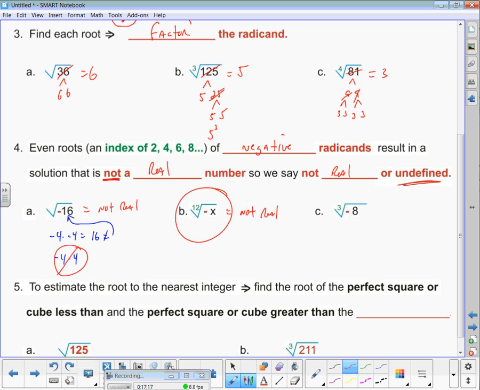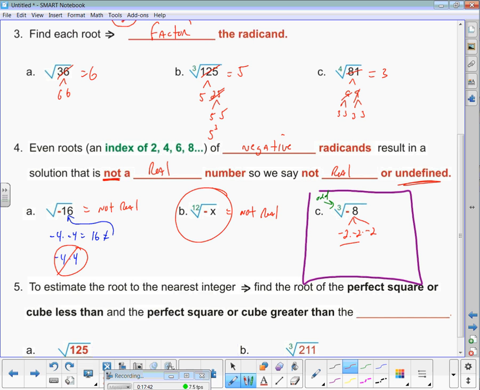Now, C's different. It's a horse of a different color. This is an odd root. Okay, you know what? You can take the odd root of a negative radicand. Negative 8 is a negative 2 times a negative 2 times a negative 2. Doesn't that equal negative 8?